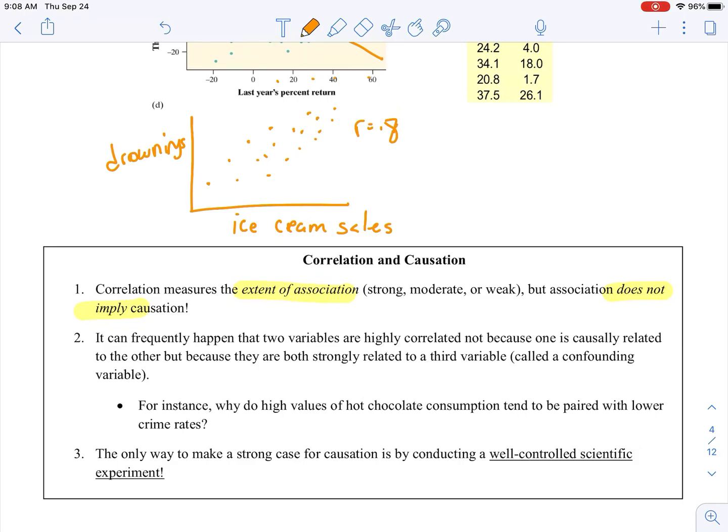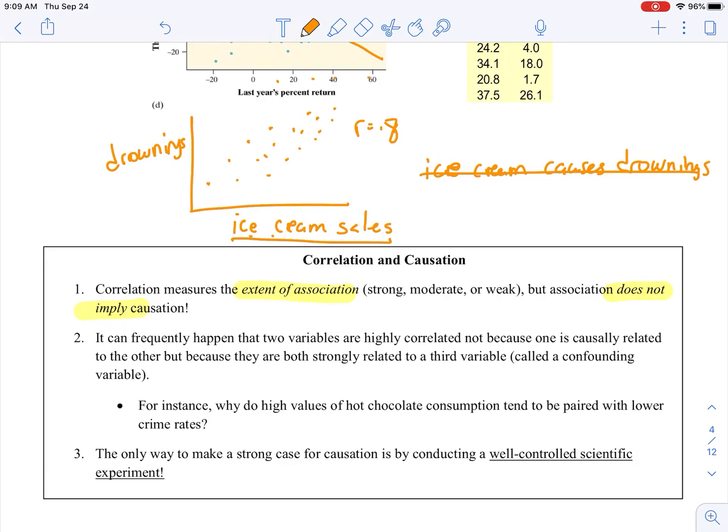Now, does that imply that ice cream causes drownings? And I'm going to strike through that. That's not an underline, that's a strike through, because there's a lurking variable, and we'll get into lurking variables later on, of heat.